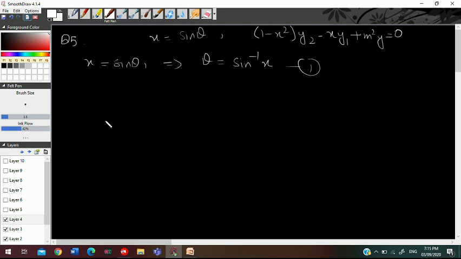Now x is equal to sine theta, and one more thing is given in the question, that is y is equal to sine m theta.